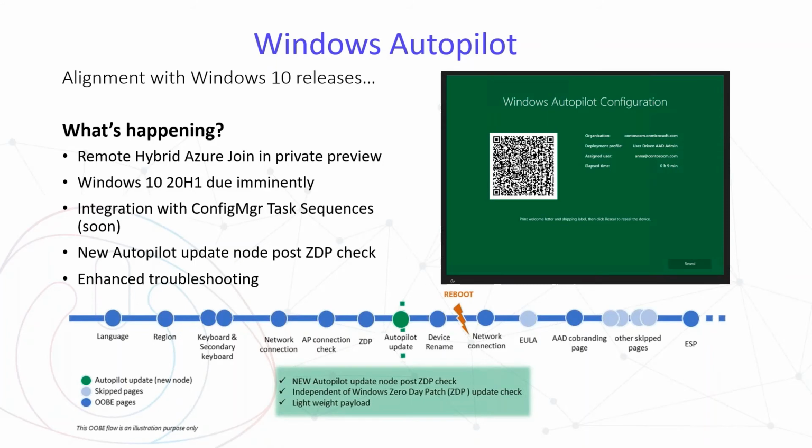What else? Autopilot. I'm going to make an assumption that many of you are aware of Autopilot, at least what it is to some extent. I wanted to make a note that remote hybrid Azure join, as far as I am aware, is in preview, private preview that is. So this is the long awaited scenario of sending a device out to an end user, and that end user, from wherever they may be, being able to do a hybrid join, that is joining Azure AD and joining your on-premises Active Directory.